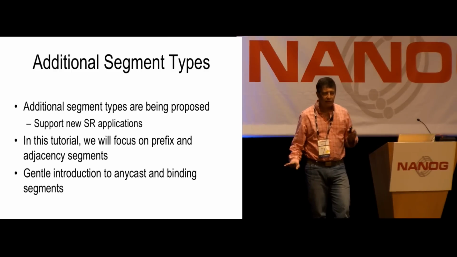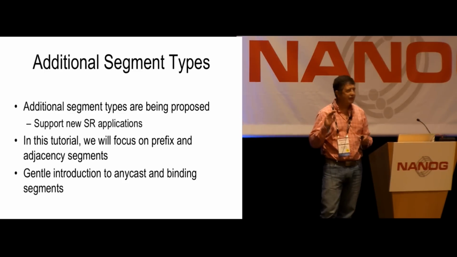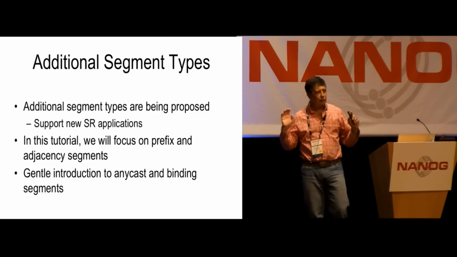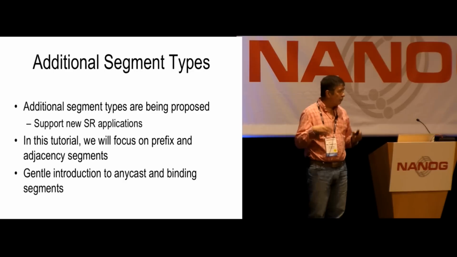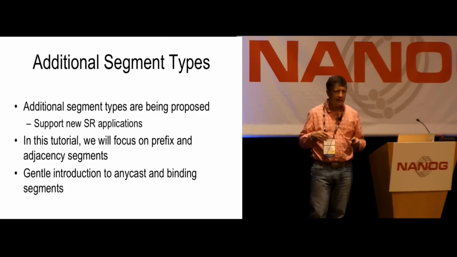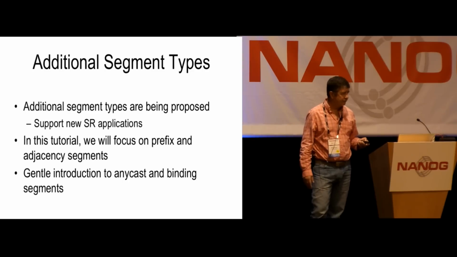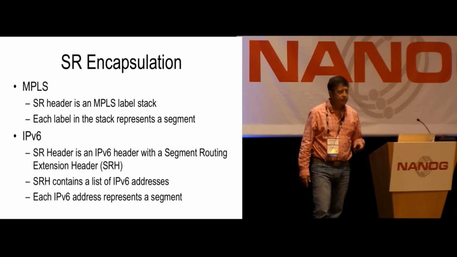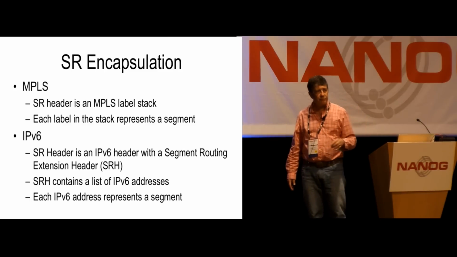In this presentation, we're going to spend most of our time talking about adjacency and prefix tunnels. If we can wrap our heads around that, we can declare success. We'll talk a little bit about Anycast and binding, just because you need them for some purposes. So, remember we said SR was an encapsulation mechanism?